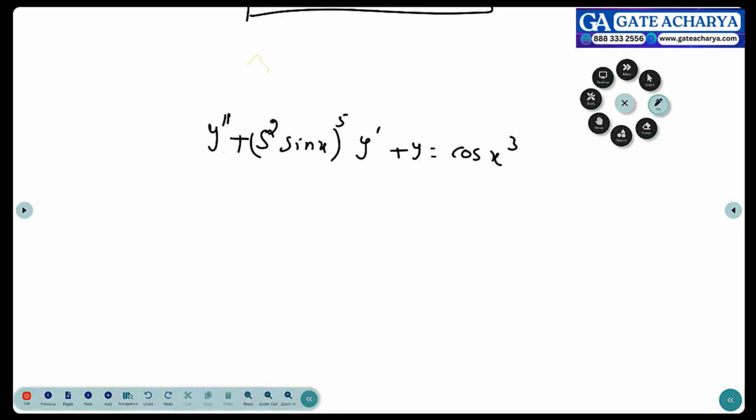Great question. How do you classify this equation? What type of equation is it? There are four options given. I leave the options, but you identify what type of differential equation it is.